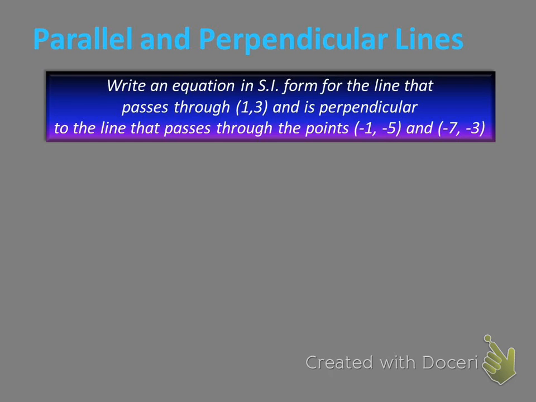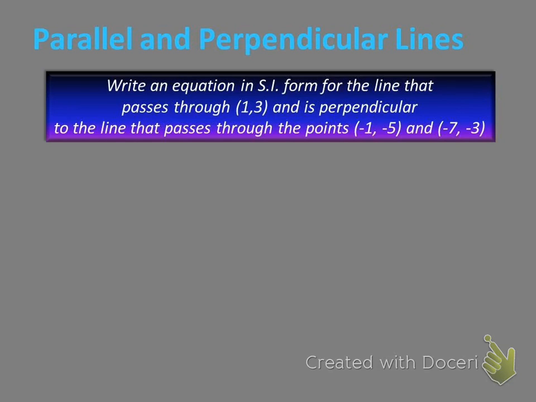Alrighty, let's see how we're doing. So, this time you're not given a line that you get the slope off of, you're given 2 points that you got to get the slope off of. So you use either your program or you use slope formula, which most of y'all I saw were doing.